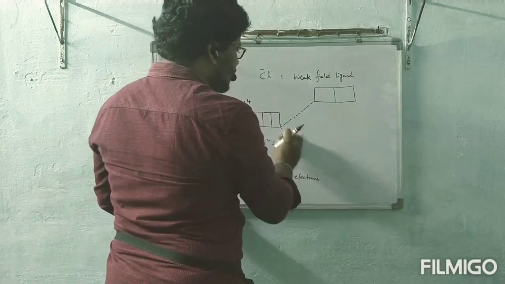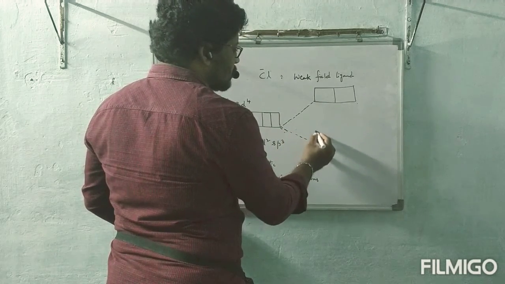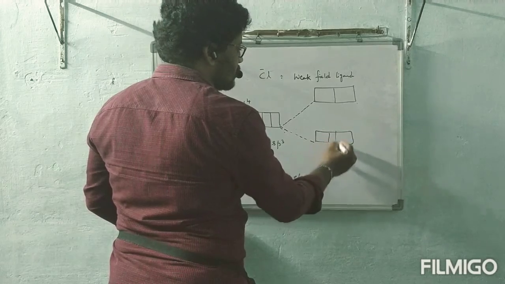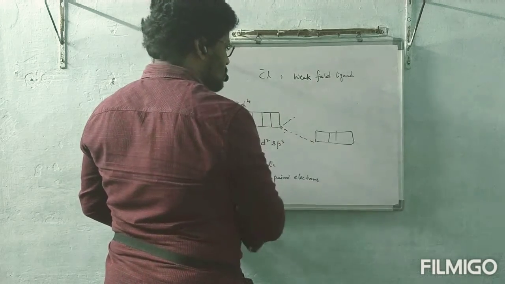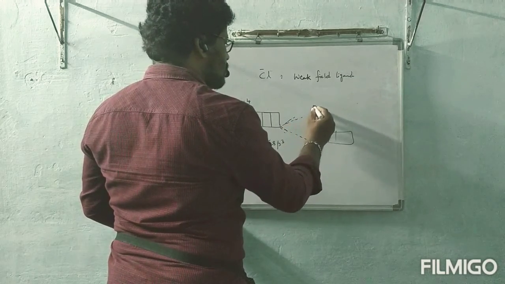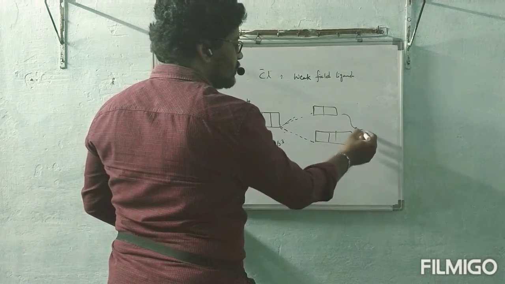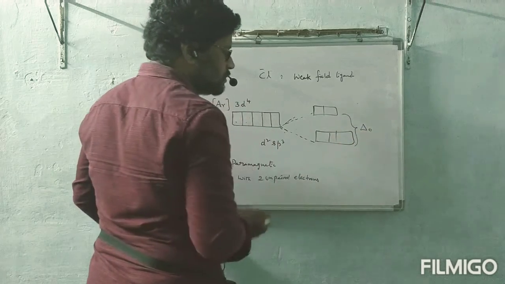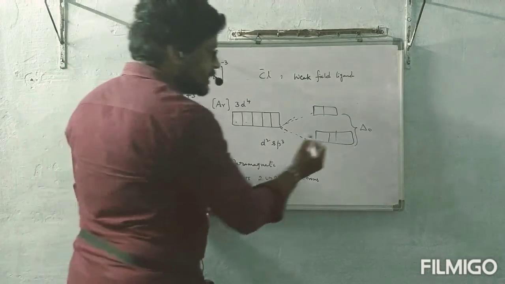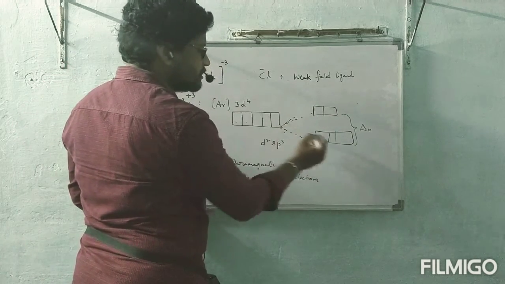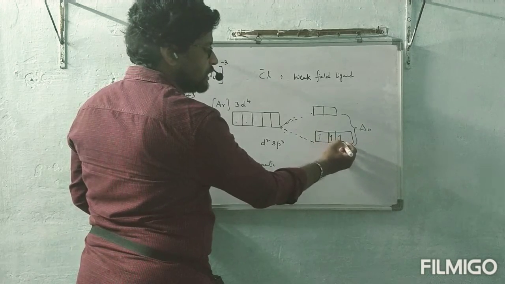In the presence of a weak field ligand, this difference is low. This is delta naught. When this difference is low, what will happen? There are 4 electrons, right? 1, 2, 3.